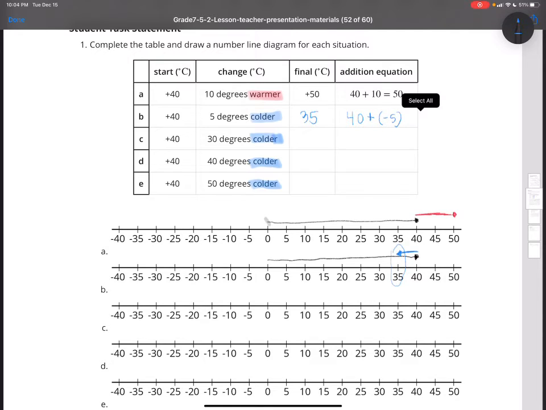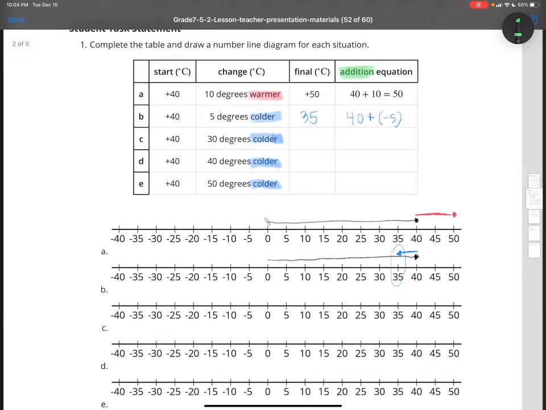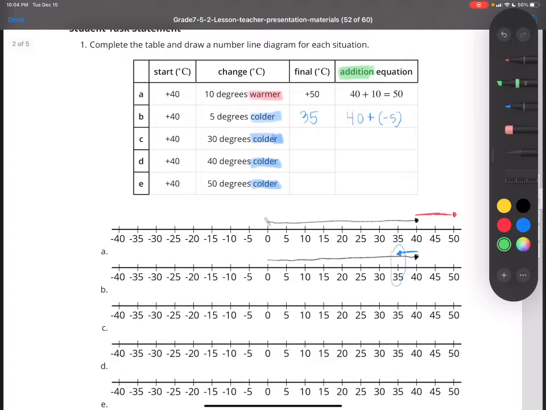Now, you may be sitting out wondering at home, well, how come we did plus -5 instead of minus -5? And the reason why we did plus -5 is because it wants us to write an equation with addition. I'm going to highlight that in green because we're using addition, okay? We have to use addition. That's the requirement.